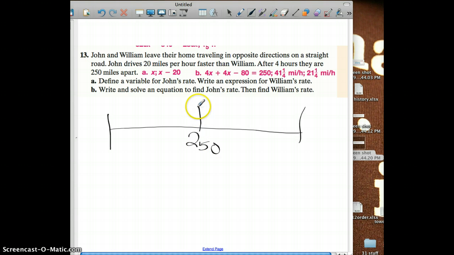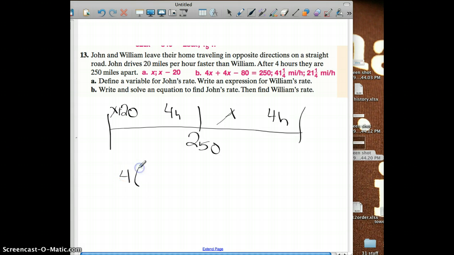So the distance of John, who is traveling 20 miles per hour faster than William, so if we say x plus 20, this is going to be John, and William then would be just x. Solving this a little differently than the textbook did, but we should still get the same answer. Now, we know the time for both men is 4 hours. So rate times time.